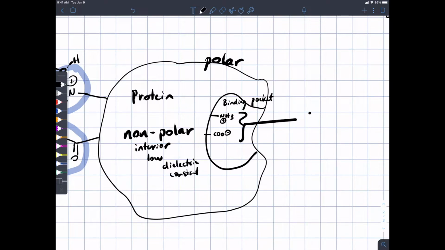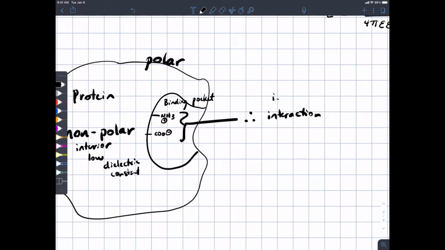And therefore, the interaction between the two charged residues, the salt bridge or ion pair interaction, can be much stronger. So context matters.